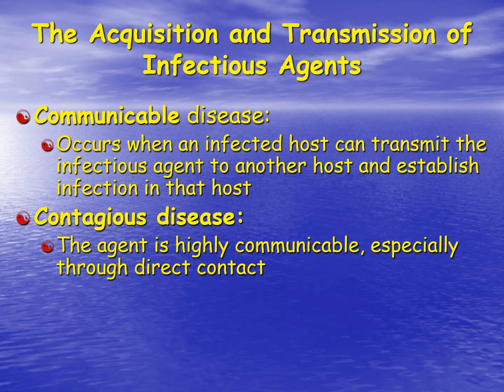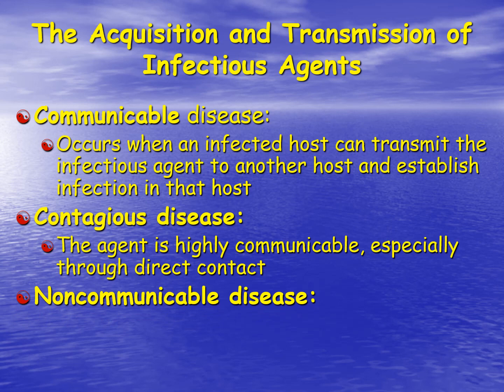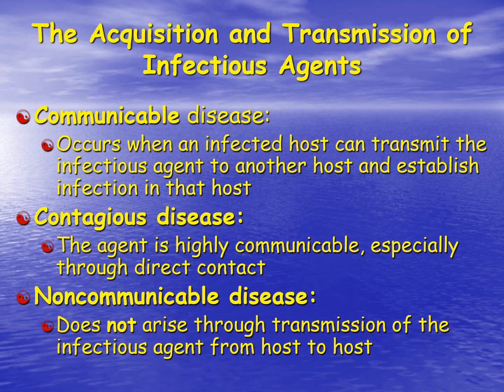Yes. Is a communicable disease contagious? Well, that depends a little bit. Here's how I think of it. Contagious diseases are communicable. However, communicable diseases of certain interest are also reportable diseases. Non-communicable diseases such as cancer, of course, do not arise through transmission from host to host.